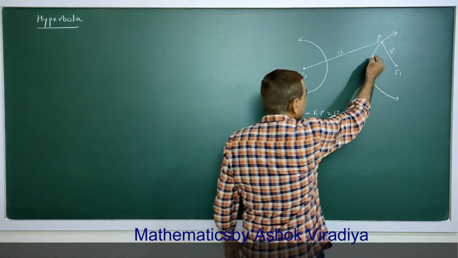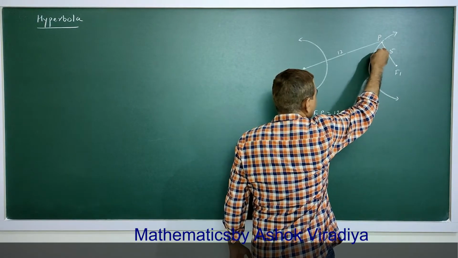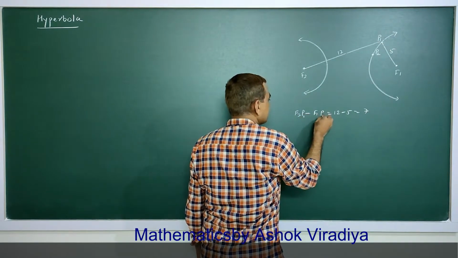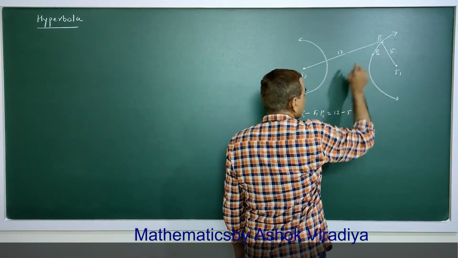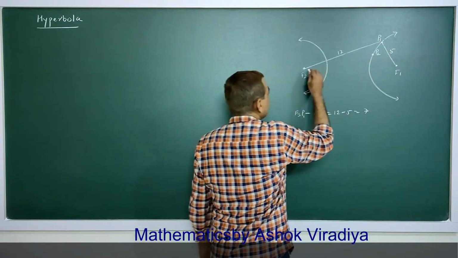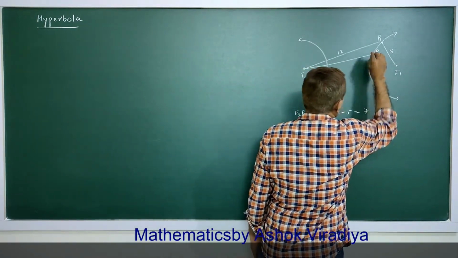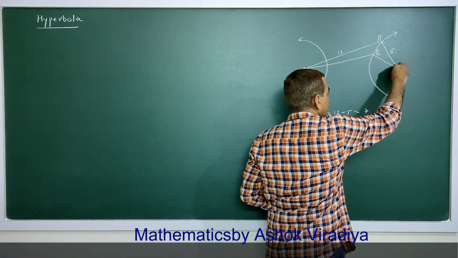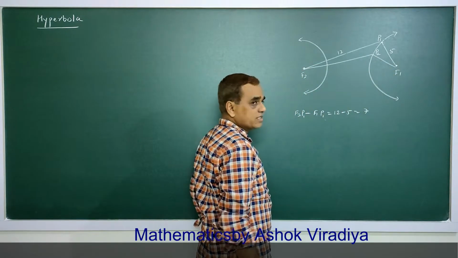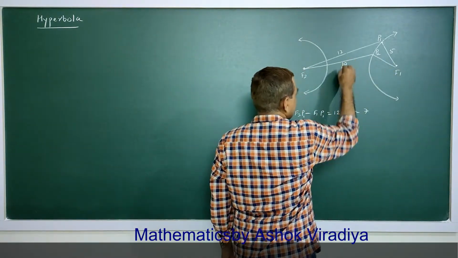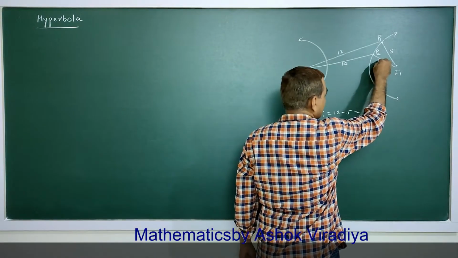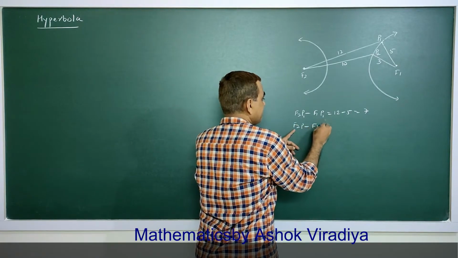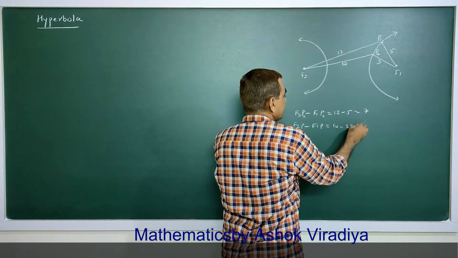Now, as we change the location of this point P, suppose this is P2, this was P1. From P2, this distance is greater. This point is farther, this point is closer. So greater distance minus smaller distance. If suppose this is 10, then this will be 3. F2P minus F1P is 10 minus 3, that is 7.